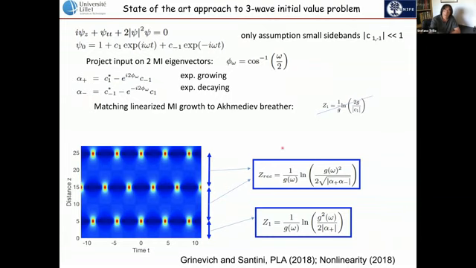And now you look at the formula. The formula is a logarithm, and the logarithm is natural because the Akhmediev breather has exponential growth, so the inverse is a logarithm. But here the first occurrence depends only on the modulus of alpha, and this is okay.